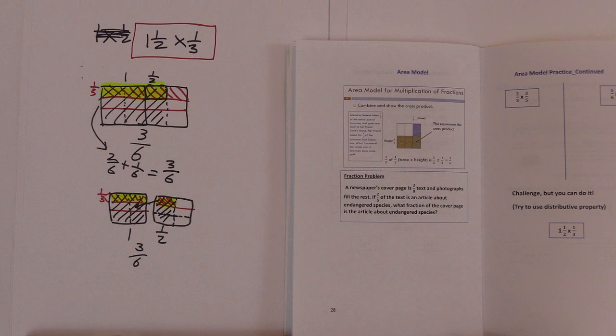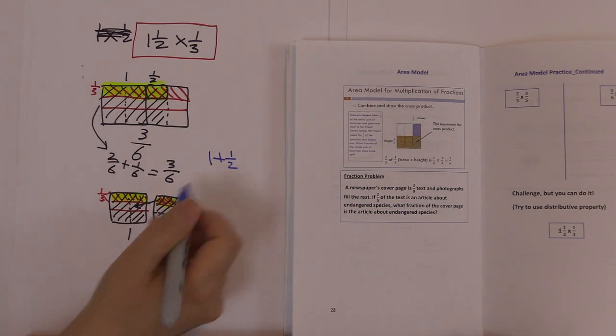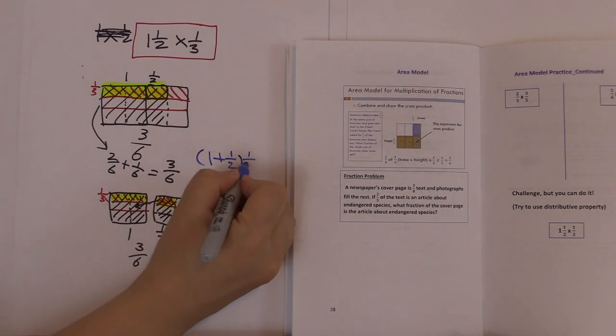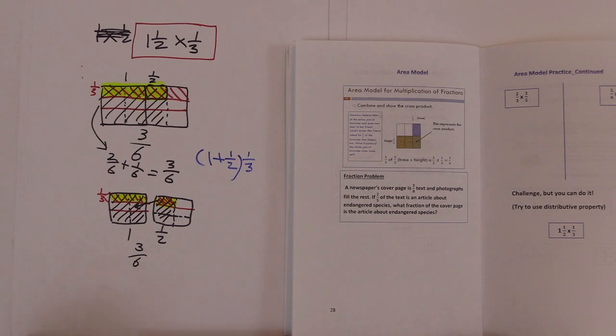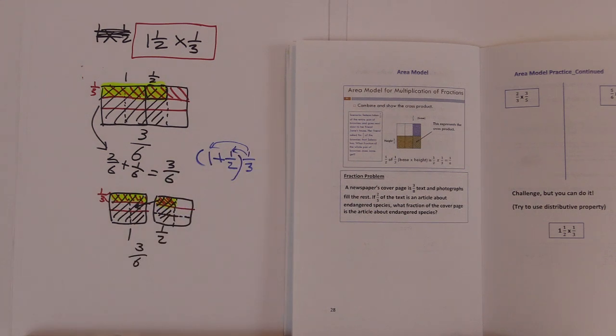Or you can think about the distributive property. What is the distributive property? 1 and 1/2 means 1 plus 1/2, right? And times 1/3. So what do we do?